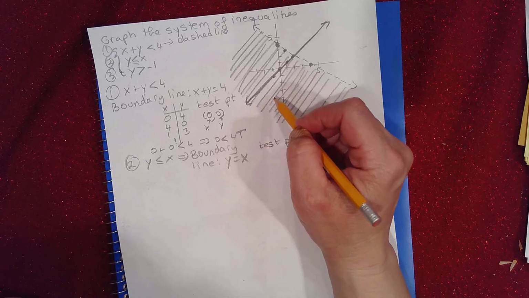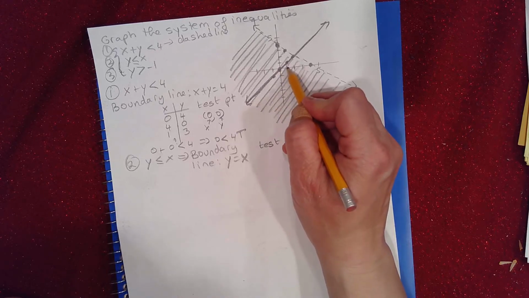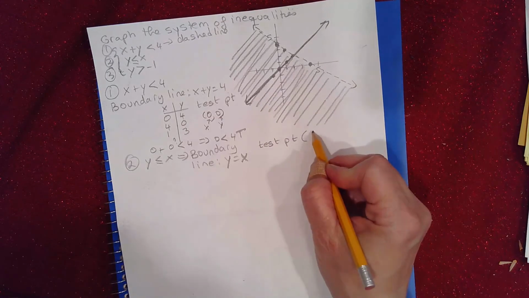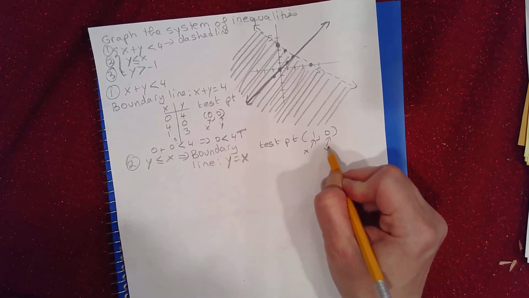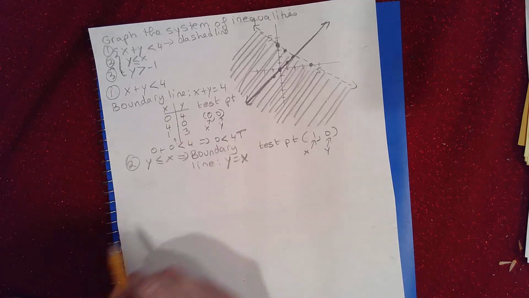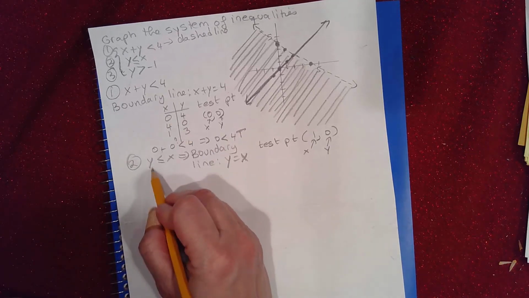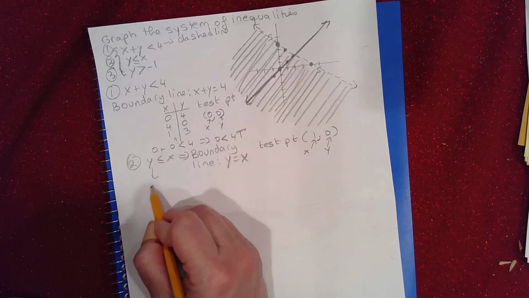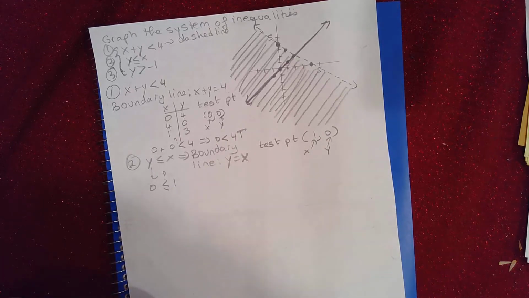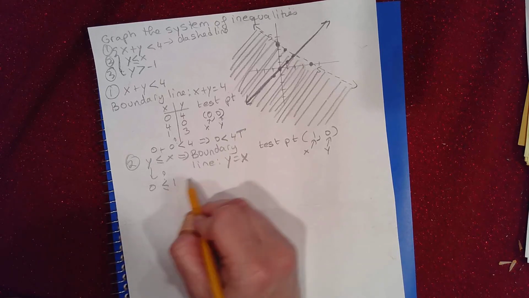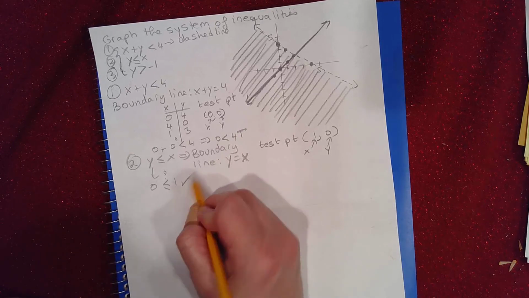You might want to choose 0, 1 or 1, 0. I'm going to select 1, 0. So x is 1, y is 0. You plug this into the inequality: y, which is 0, is it less than or equal to x, which is 1? Yes, 0 is less than or equal to 1.